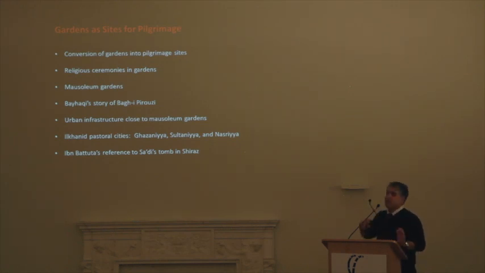But the last use of gardens that I want to talk about is gardens as sites for pilgrimage, and I should give credit to Bayhaqi for teaching me about this use of gardens.